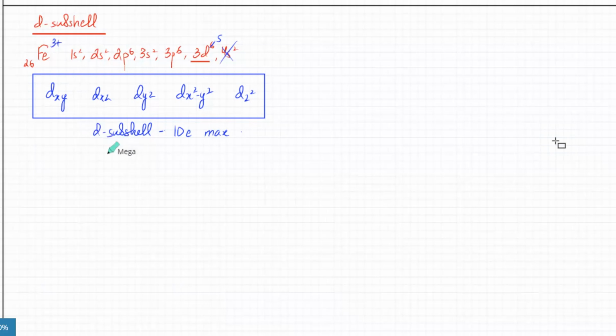Now, a d subshell is basically a group of degenerate orbitals, which means that they are all at the same energy level, which means that they're identical. There's no difference between them. The word degenerate over here means that they're identical.